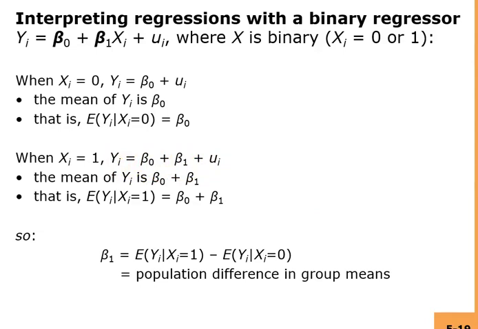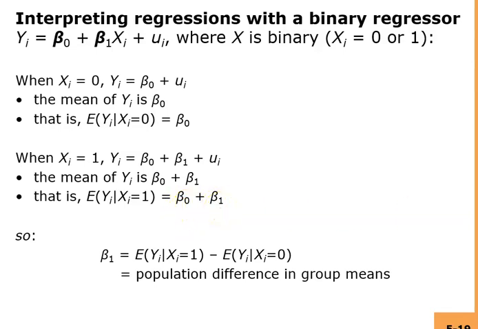So another way of looking at it would be that the effect of higher student-teacher ratio on test scores will be beta naught, and the effect of lower student-teacher ratio on test scores will be beta naught plus beta 1.